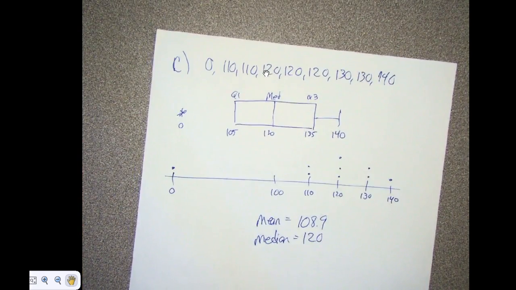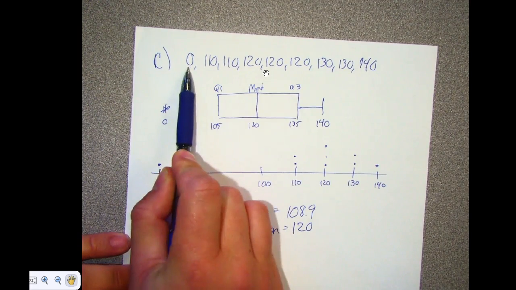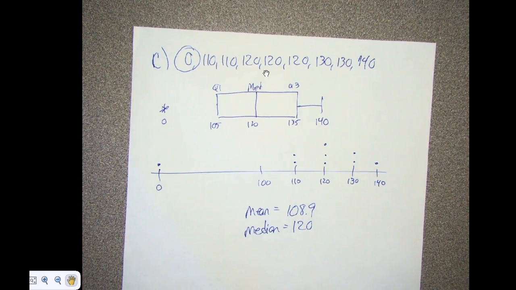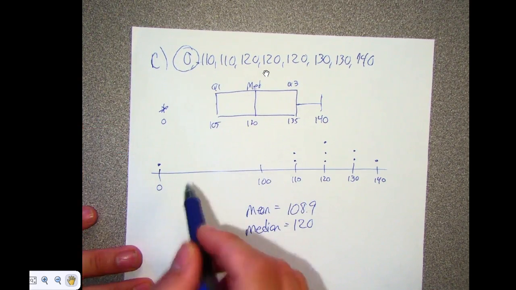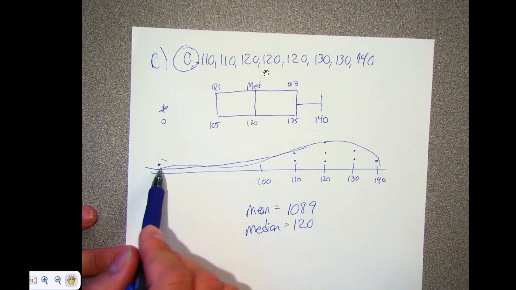Skewed left is obviously the opposite. So all I did there, I put the 140 back where it was, and I changed that 100 to a 0. So I pulled this point in which direction? It was 100, so I pulled it to the left. Then you get this big gap over here. The tail pulls to the left.